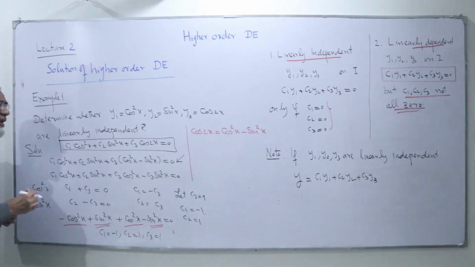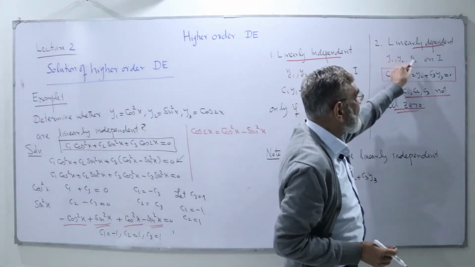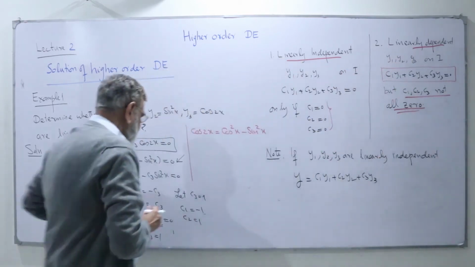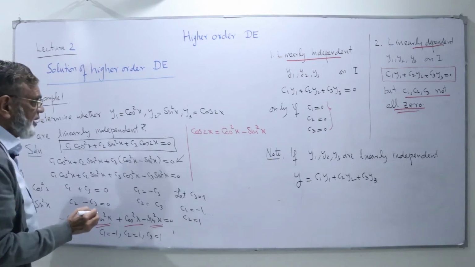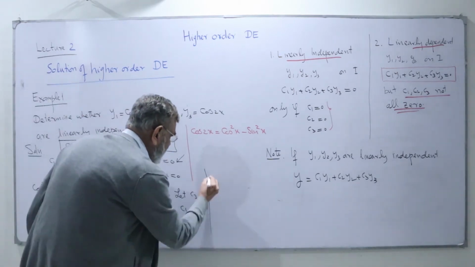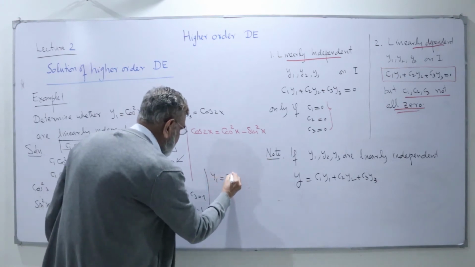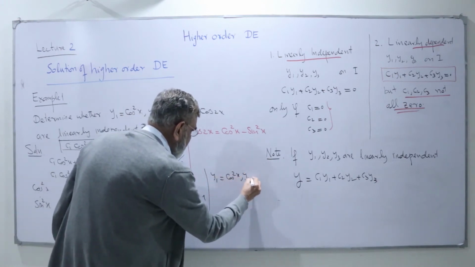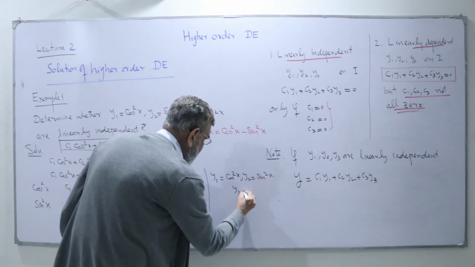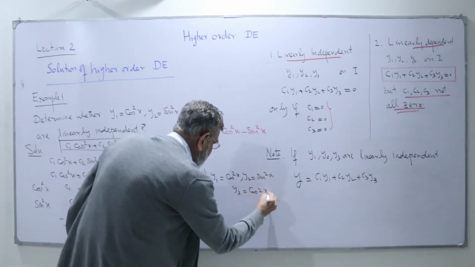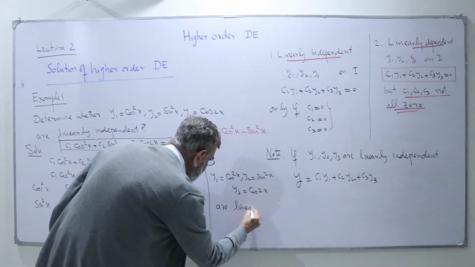What we said is that if this is 0 when not all the c's are 0, then the functions are linearly dependent. So we say our functions y1 is equal to cosine square x, y2 is equal to sine square x, and y3 is equal to cosine 2x are linearly dependent.